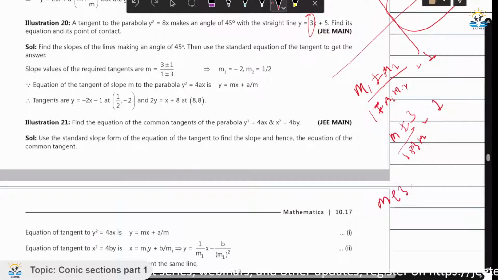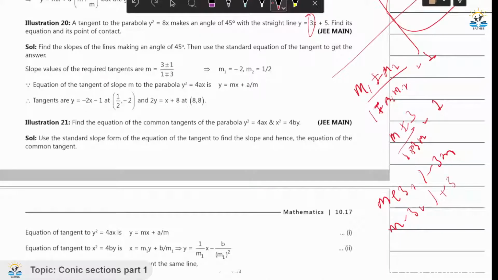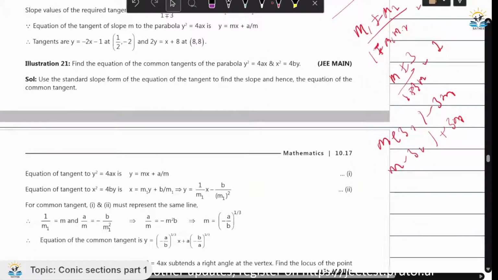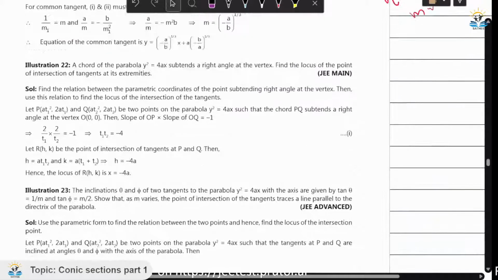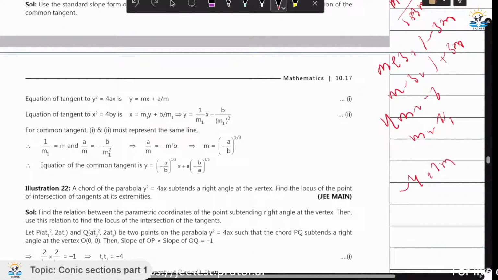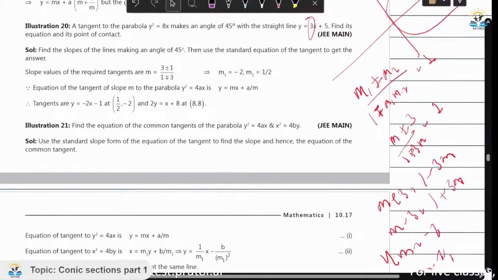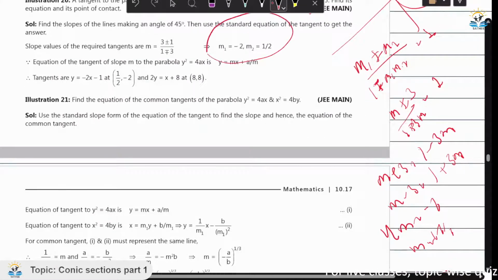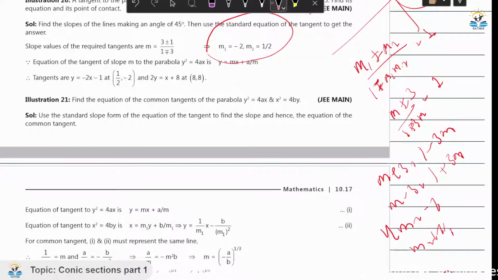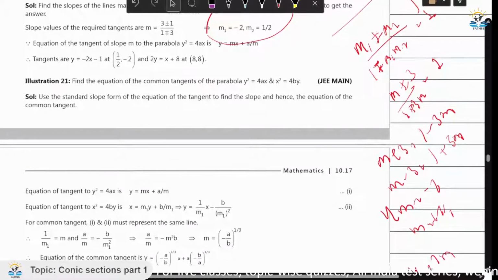So let us solve these equations. There would be a mistake here, I'm not going through this. But there are two kinds of slopes that we have, that is minus 2 and 1 by 2. So we get the slopes. We can simply put the slopes in the equation and get the equation of the tangent.